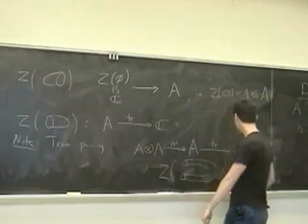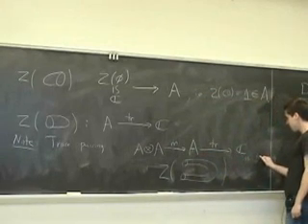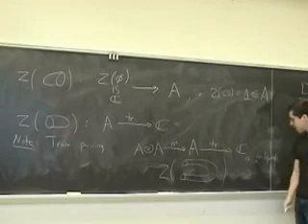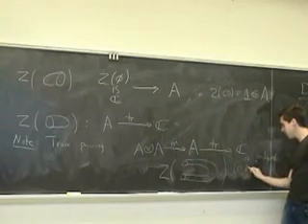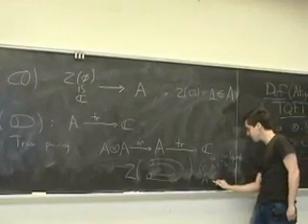So you have this trace pairing, and if you play around with the axioms, you learn that this is actually a non-degenerate pairing. It identifies A with its own dual. And in particular, A is finite dimensional.